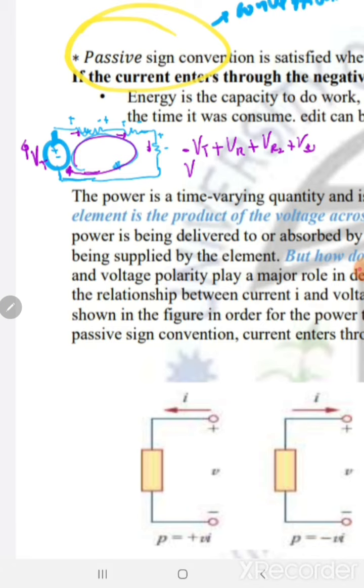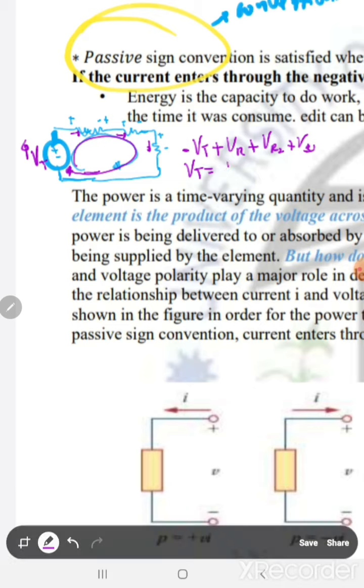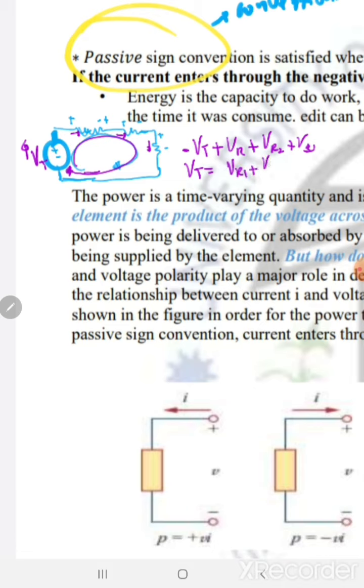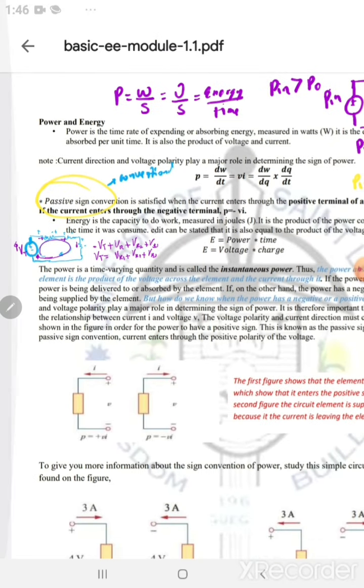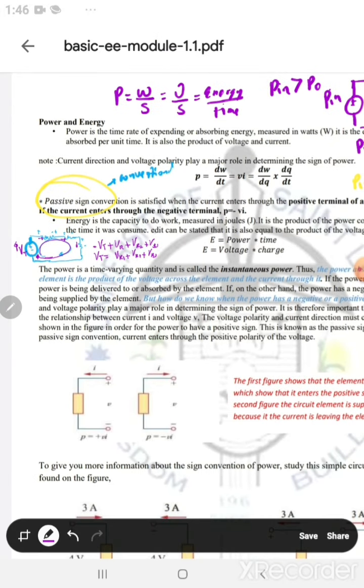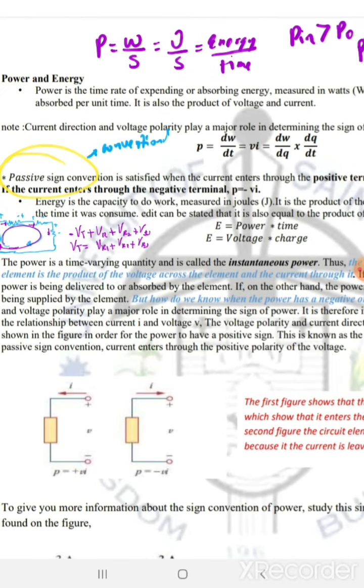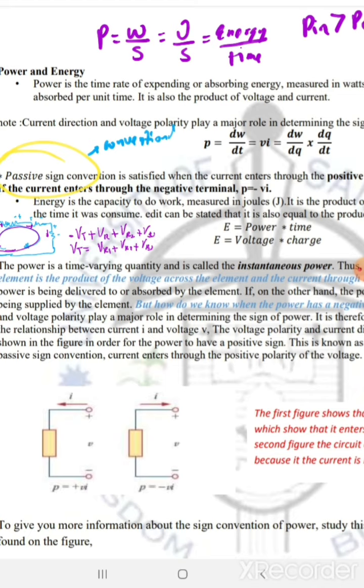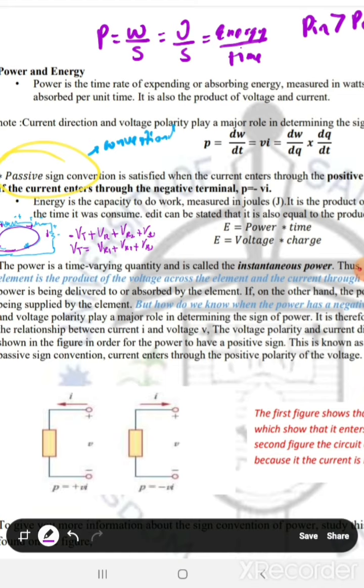So therefore, our V total is equal to VR1 plus VR2 plus VR3. Okay? This will be further elaborated in your week 4. So please review your lesson because there will be quizzes.